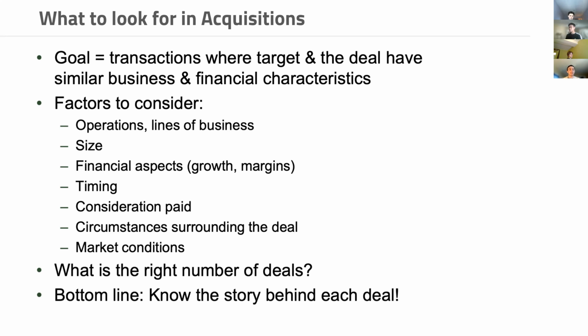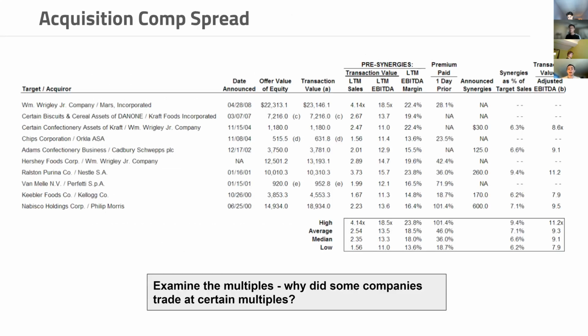And it's going to be really key to informing which ones you choose and which ones you focus on. The thing about acquisition comps is you really need to be able to craft a story for why this prior deal makes sense in the context of your potential merger.